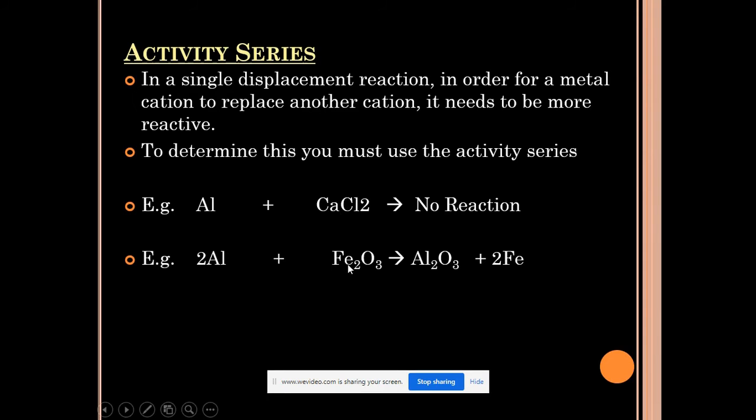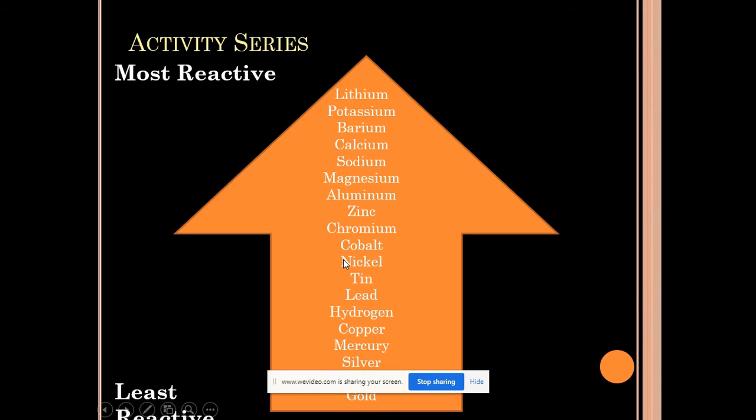Aluminum plus iron 3 oxide, I mean. Is aluminum higher on the list than iron? Let's check. Is aluminum higher than iron? Where's iron?